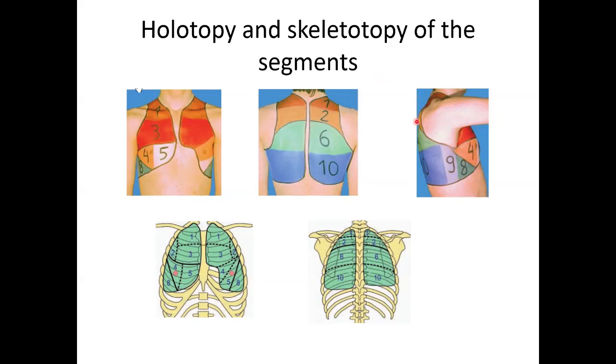If we connect these 3 points, we can find the border between the inferior lobe and the medial lobe, and this helps us understand where we can find the 8th, 9th and 10th segments.